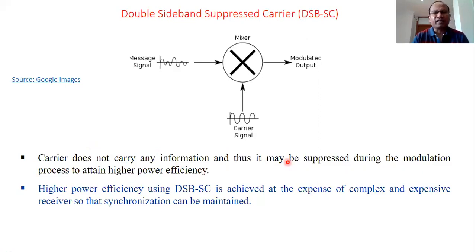I have already explained that when you do not send the carrier, that power will be saved. So if power saving is there, there is power efficiency. What is power efficiency? How much power is transmitted with respect to the total power? Because there is total transmitted power, radiated power, that power can be radiated by the antenna.